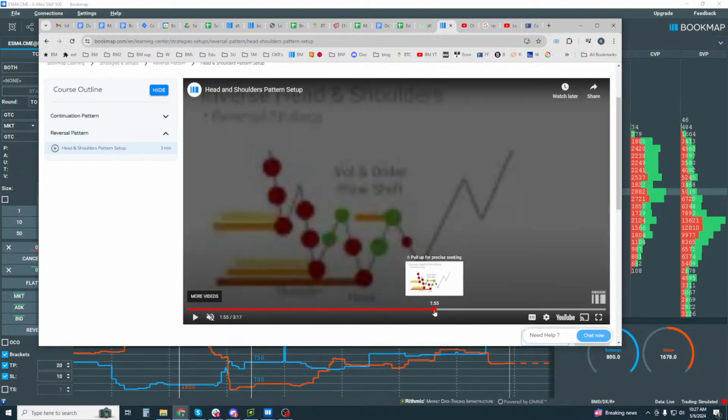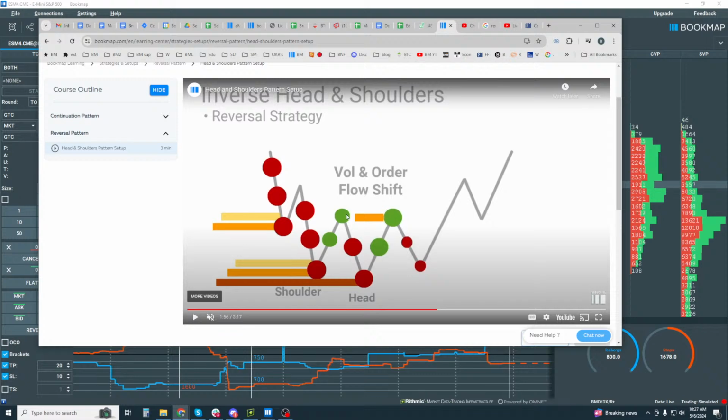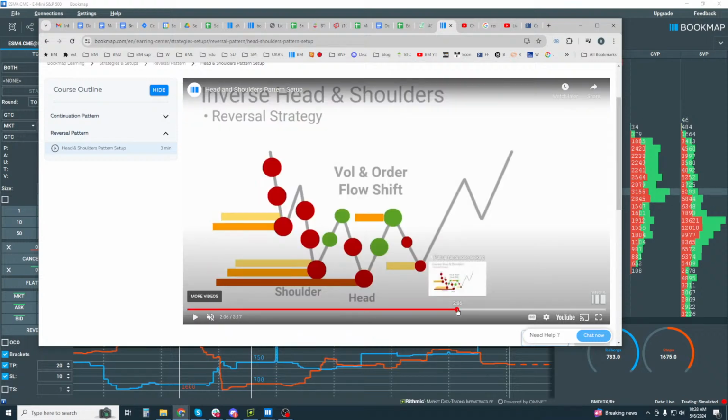So what happens is you see an equal high in the structure, and then less volume on the move down. More volume on the move up, less volume on the move down, and then what you're looking for is some high liquidity down here, and then more buy volume coming in here. That's when you can look for it.